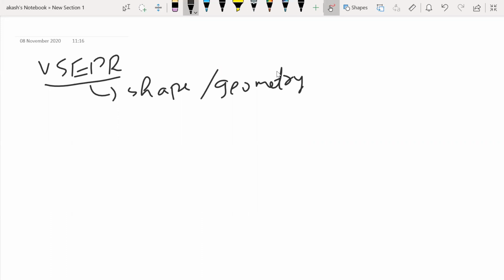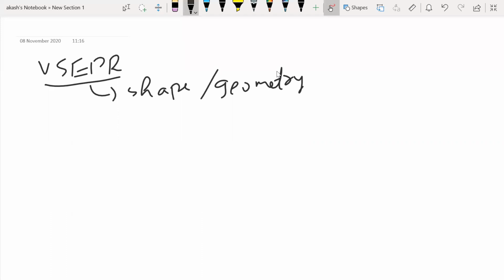The statement for VSEPR goes like this: the shape or geometry of the molecule should be in such a way that the repulsion between the electrons is minimum. As simple as that, right?